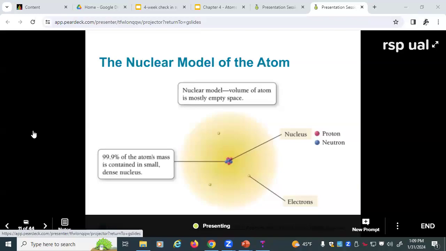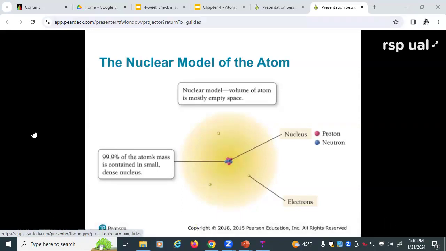So in this nuclear model of the atom, we have this nucleus in the middle. That nucleus represents virtually all of the mass of the atom and virtually none of the volume of the atom. And then you've got this electron cloud around the nucleus that represents virtually all of the volume of the atom, but none of its mass.